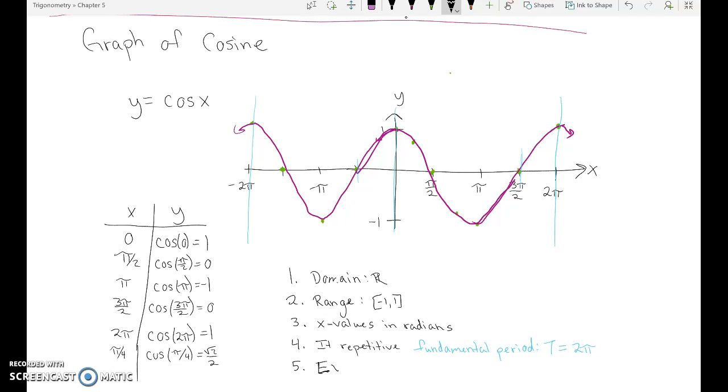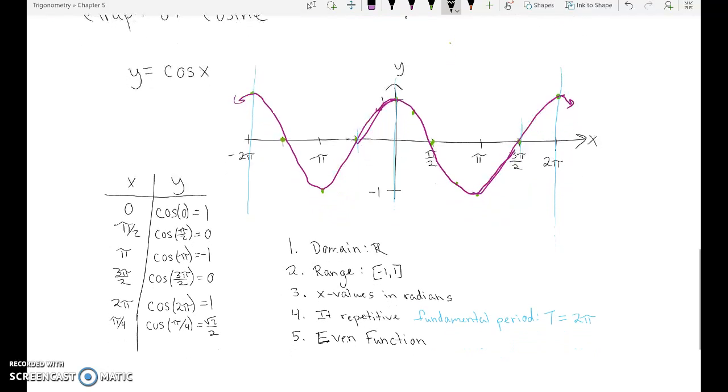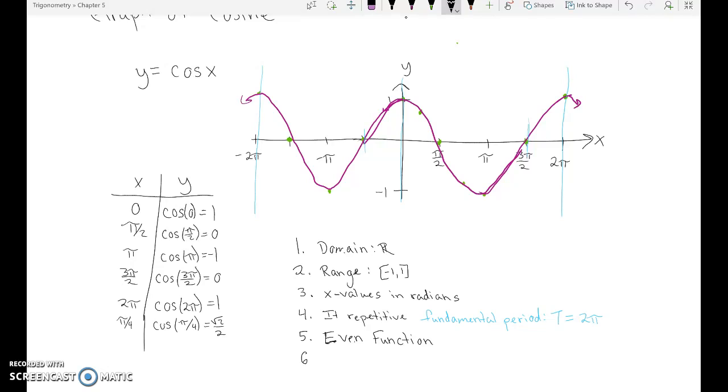And remember, even functions are symmetric about the y-axis. So it is symmetric about that y-axis. If you were to cut it along the y-axis, you could just flip over the right side onto the left side and it would match perfectly. So it is an even function.